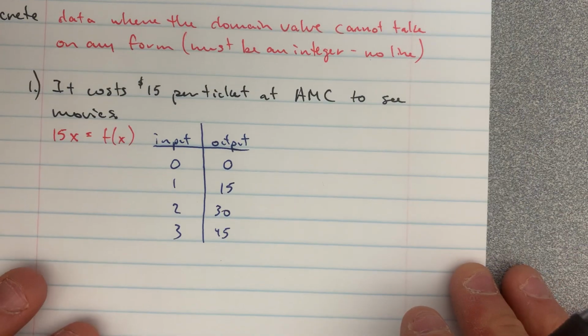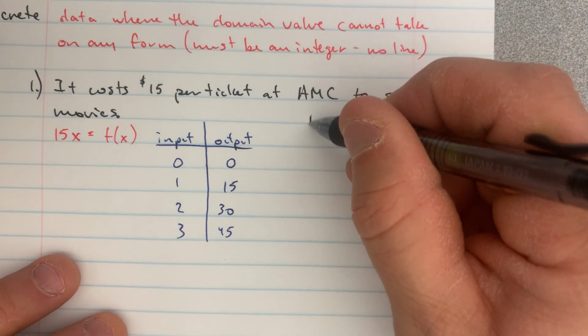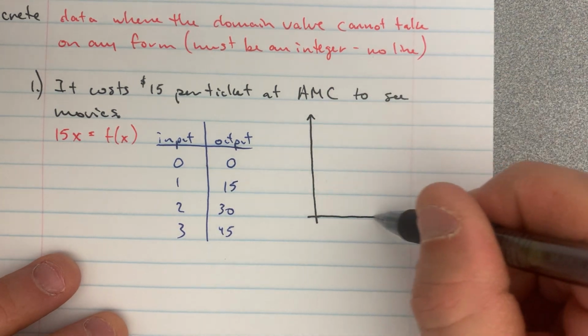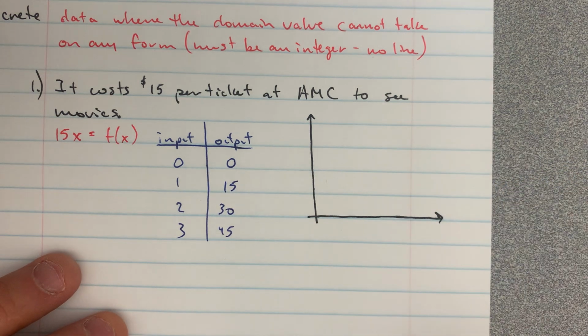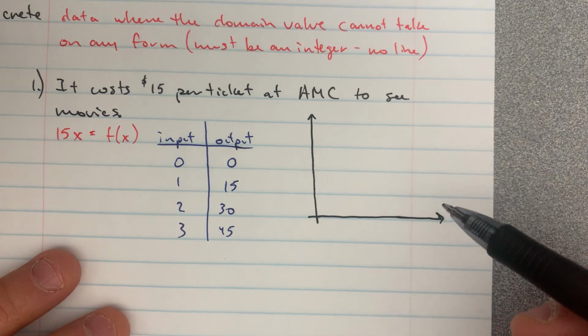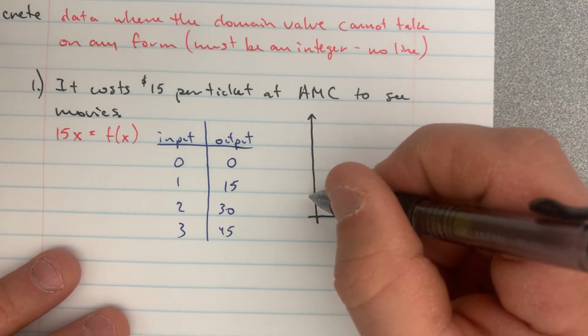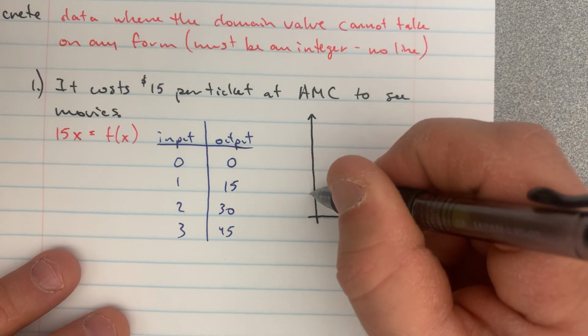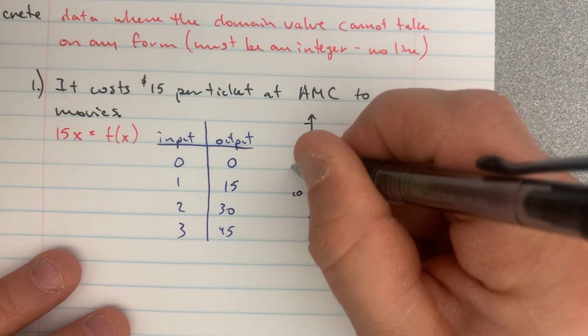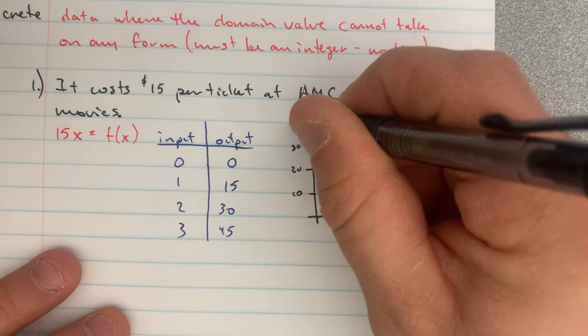So I'm just going to create my own little graph here. I really only need quadrant 1. That's where this information's all at. All right, so let's go by 10 on each of these lines. So 10, 20, 30, 40.